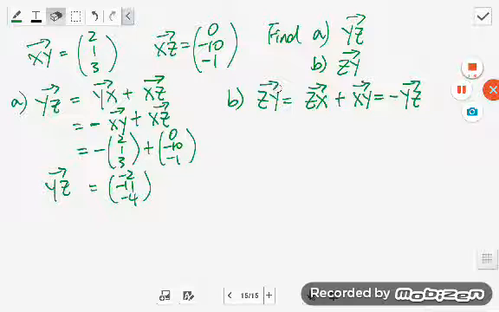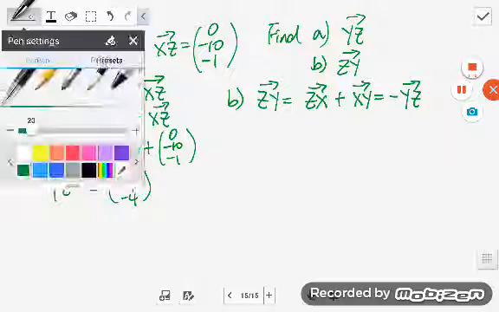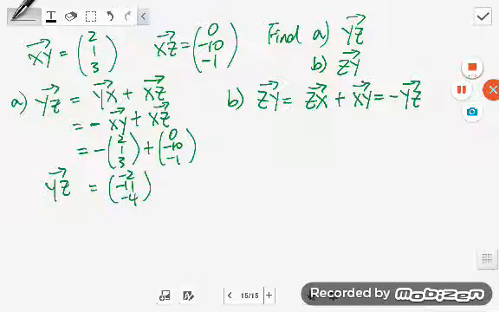This will give me the right answer, but that's a long way, right? Instead, we should use this. Okay? So now let's get back to this. So my vector of zy is just a negative of -2, -11, and -4, which is 2, 11, and 4. That's it.